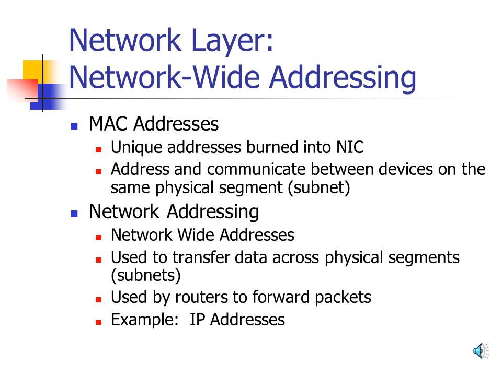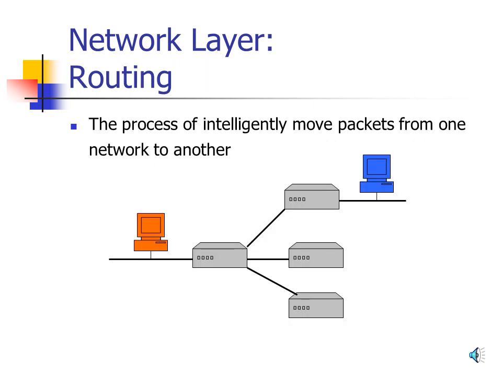Now at the network layer we have another address, and we call this the network address. This is a network-wide address, and it is used to transfer data across multiple subnets or multiple physical segments. These are used by routers to forward packets to different networks. An example of this is the IP addresses we use in the TCP/IP protocol, and of course we use them on the internet.